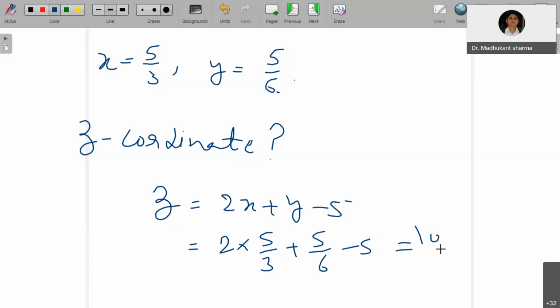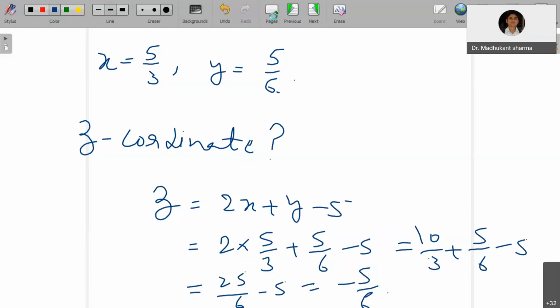That is 10 by 3 plus 5 by 6 minus 5, which is 25 by 6 minus 5. So it's going to be minus 5 by 6.